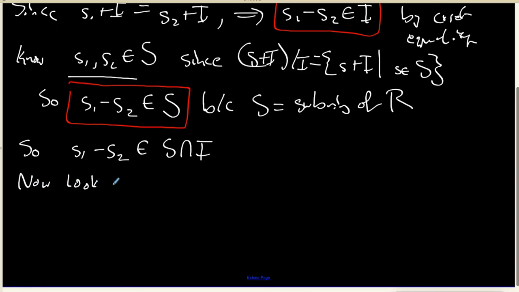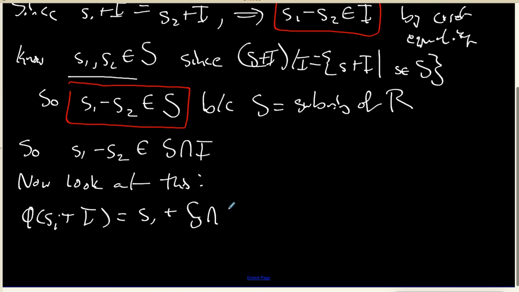So now look at this. Phi of S1 plus I is just S1 plus S intersect I. And that looks kind of funny, so let me clean up my notation there.